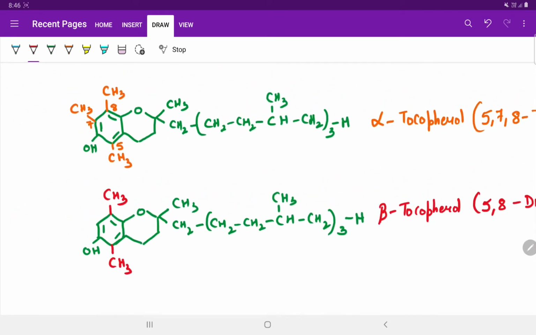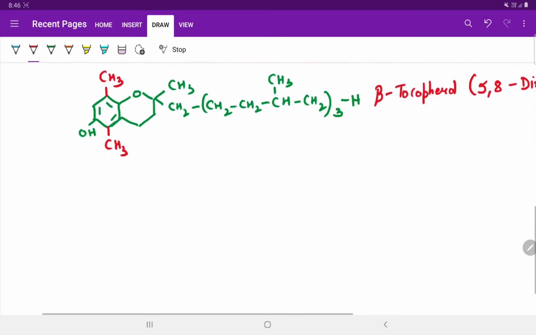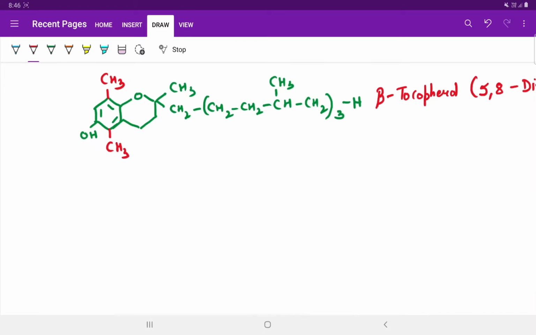And now the structure for gamma tocopherol. It is also a dimethyl tocol ring, but now the positions will be the 7th and 8th, whereas in beta the positions were 5th and 8th. Let us draw the structure of gamma tocopherol. First of all, the chromane ring.